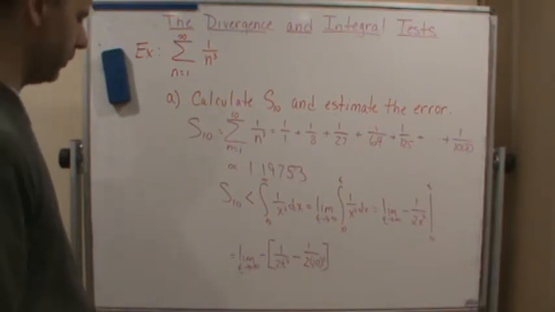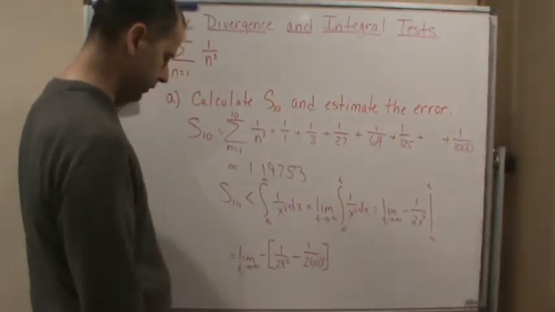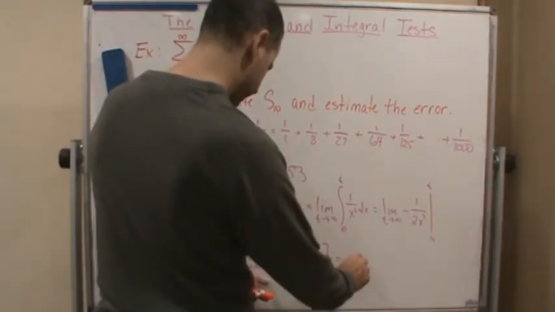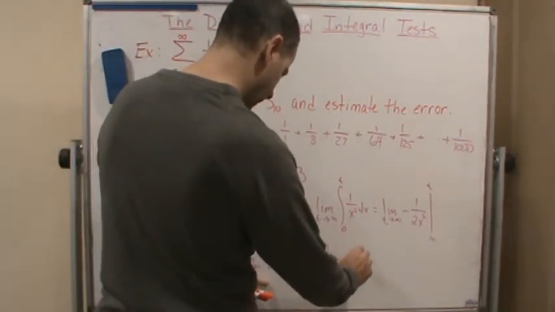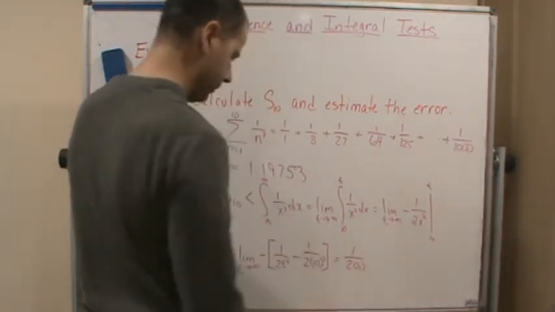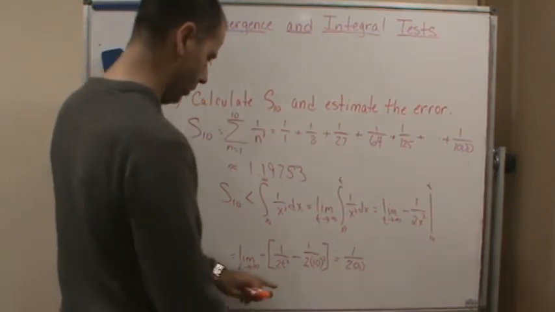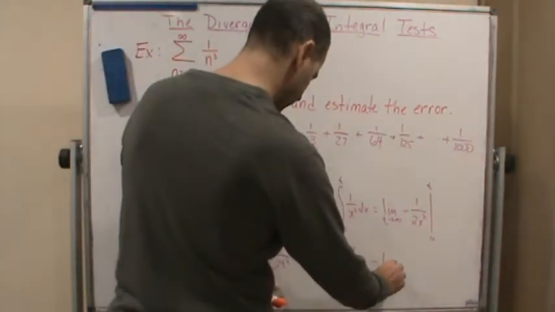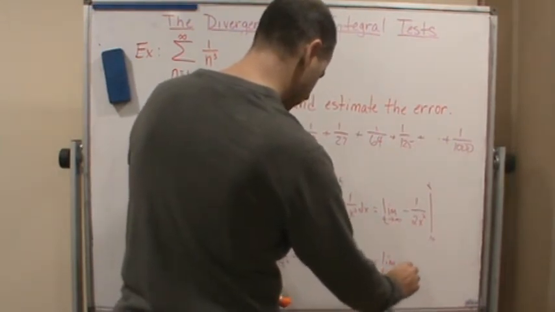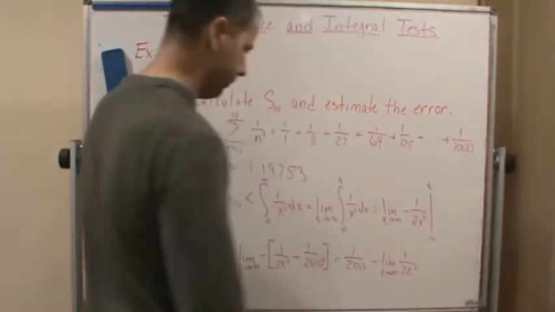Then using the property of limits, I'm going to distribute the negative sign. So we get 1 over 200 minus the limit as t approaches infinity of 1 over 2t squared.